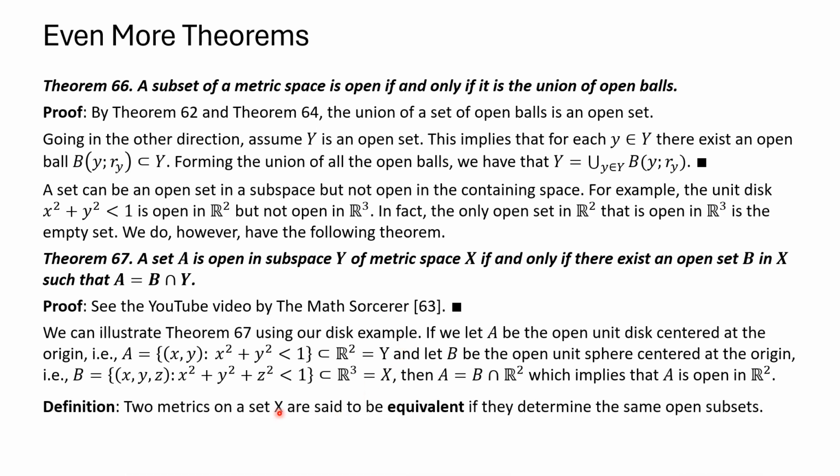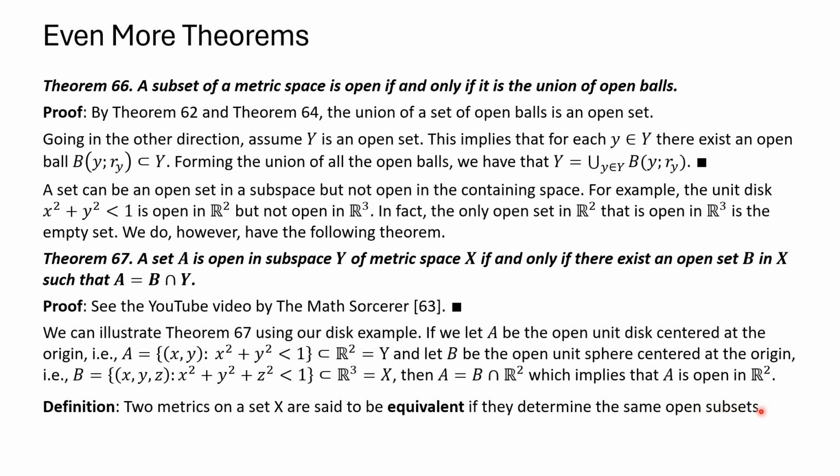Then there's one more thing. I should have probably put this on a separate slide because it's really not related to either one of these theorems, but I was just saving space and put it at the bottom of the slide. Two metrics, so two distance functions on a set X, are said to be equivalent if they determine the same open sets. You may want to think about that a little bit.